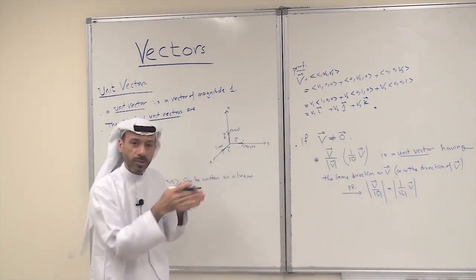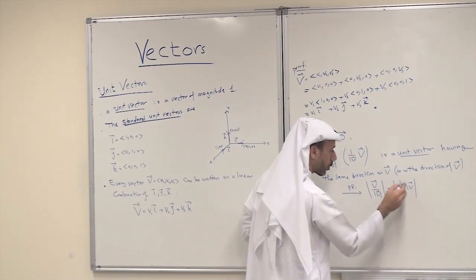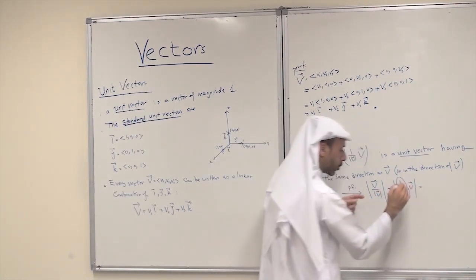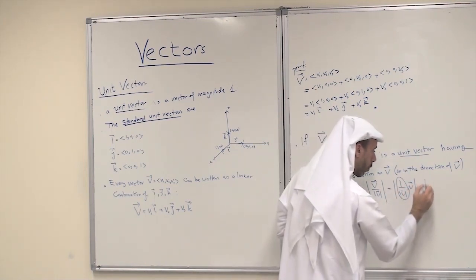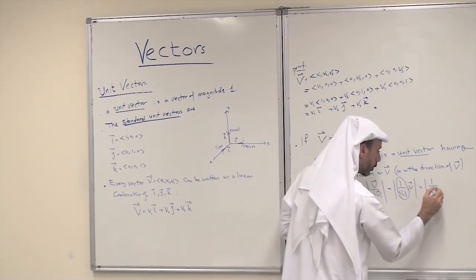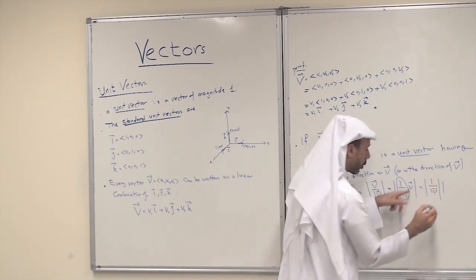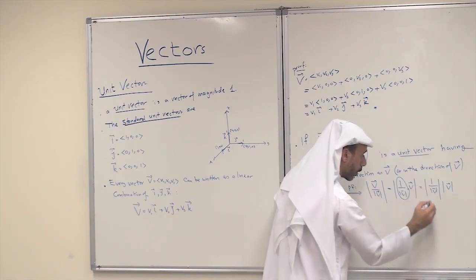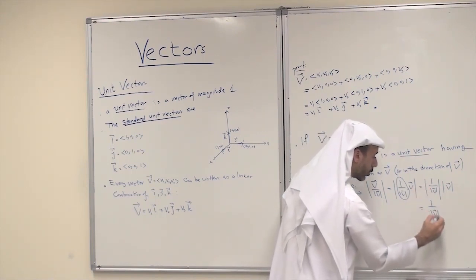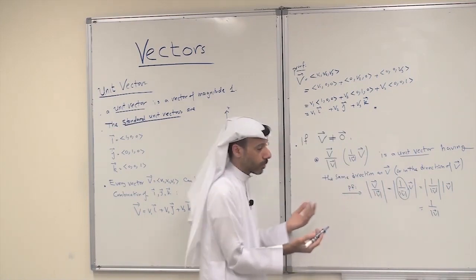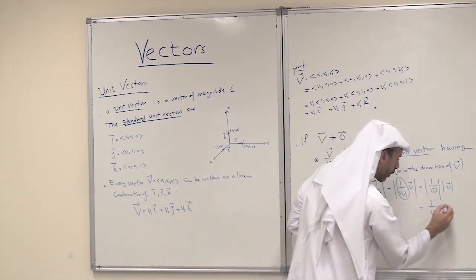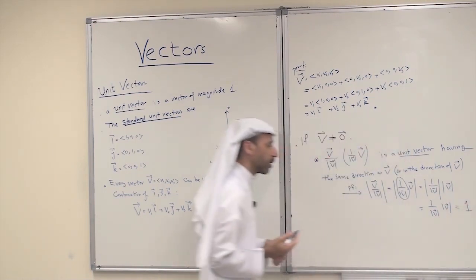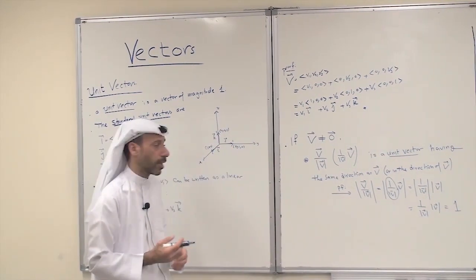Using the property of the magnitude, this is just a real number, and it is also a positive real number, so the absolute value of this is 1 over its magnitude times the magnitude of the vector v. And this is 1 over the magnitude of v, because the magnitude of v is positive, times the magnitude of v. And this is just 1. So really this vector is a unit vector.